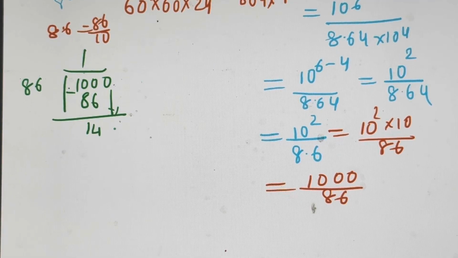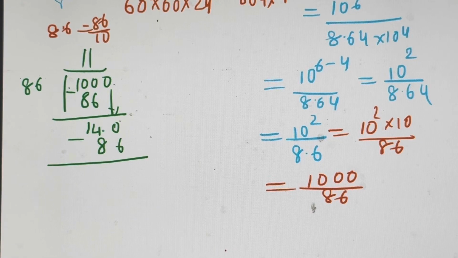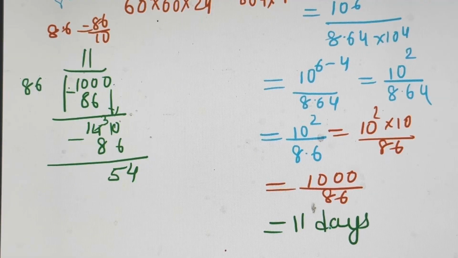And we bring this 0 down. Again, we take 86 ones are 86. If we subtract, this becomes 10, this becomes 13. 10 minus 6 is 4, 13 minus 8 is 5, right? If we do further, we'll get it in decimals. So approximately he is 11 days old.